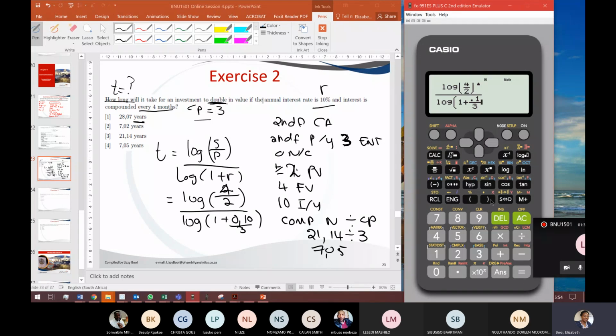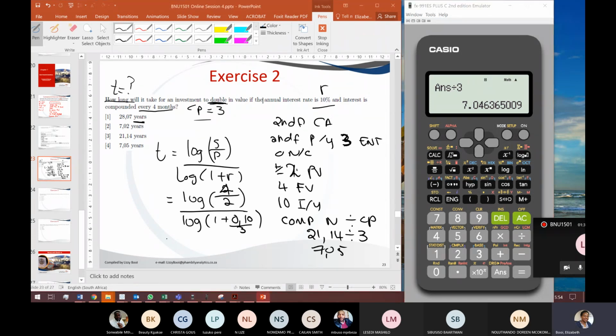Use my arrow to go out, close bracket, use my arrow to go up, equals 21.1. There we go. Divide that by 3, and we get 7.04.